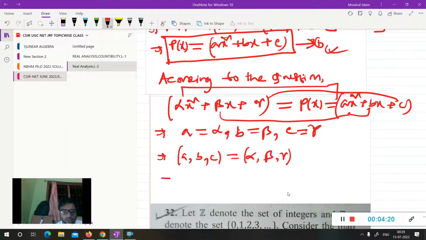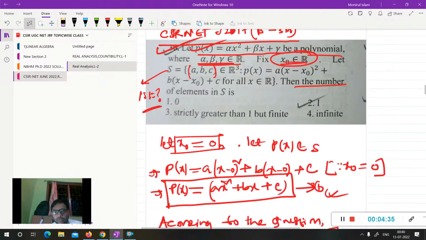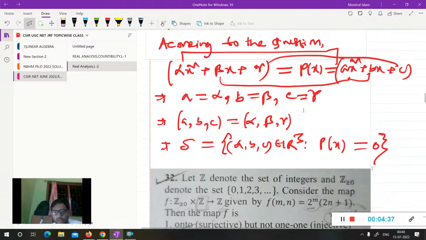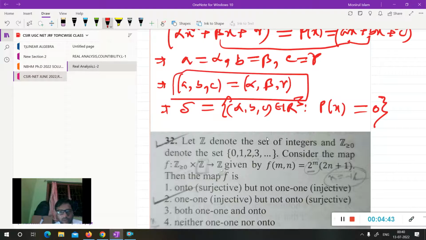Now S is the set of all ordered triples (a, b, c) belonging to R cube such that P(x) equals a x square plus b x plus c. I am not writing this out. So we have (a, b, c) equal to (alpha, beta, gamma), and from here you can put alpha, beta, gamma.